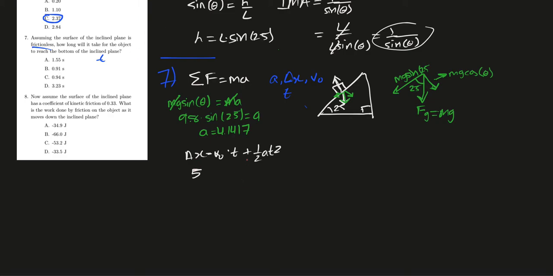The v naught times time cancels out, because v naught is equal to 0 since it starts out with 0 velocity, and this is going to be equal to 1/2 times the acceleration, which we found to be 4.1417, times the time squared.